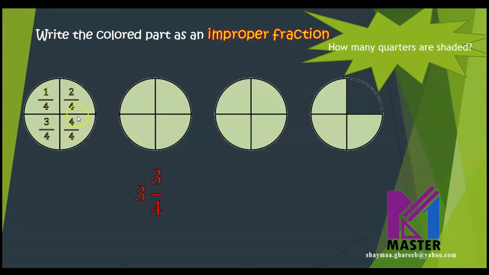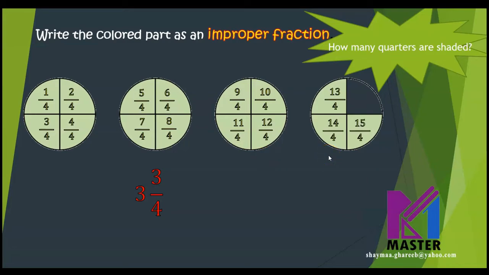Let's continue counting after 4/4: 5/4, 6/4, 7/4, 8/4, 9/4, 10/4, 11/4, 12/4, 13/4, 14/4, and 15/4. So we can write the shaded part as 15 over 4, or 15/4, and they both are equal.